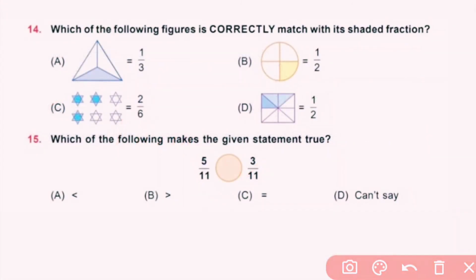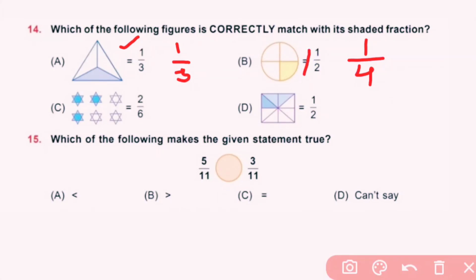Question number 14. Which of the following figures is correctly matched with its shaded fraction? In option A, there are a total of 3 equal parts and out of 3, 1 part is shaded. So it is correctly matched. In option B, there are a total of 4 equal parts and out of 4, 1 part is shaded.